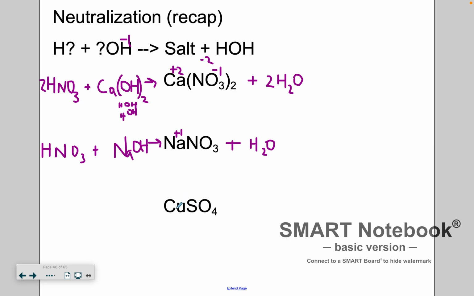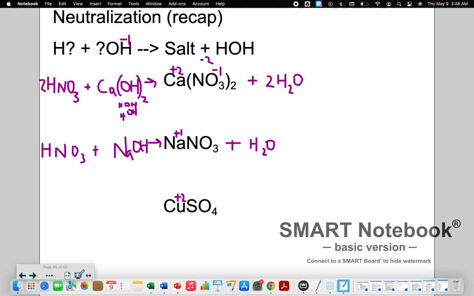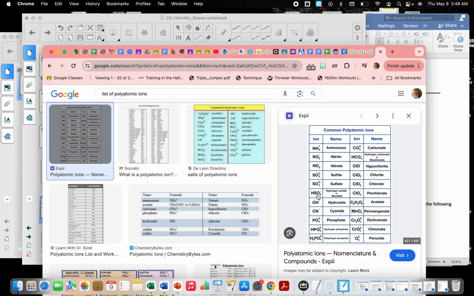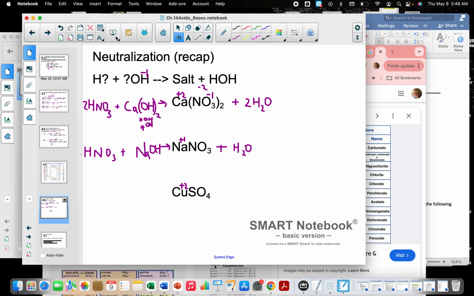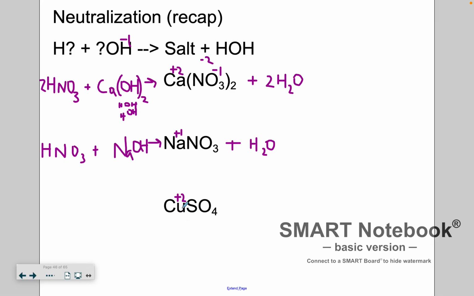Okay, last one here, copper sulfate. Copper has a +2 charge in this case because the sulfate, SO4, is polyatomic. And if I look at SO4, it has a -2 charge. So in order to balance that -2 charge, copper has to have a +2 charge.